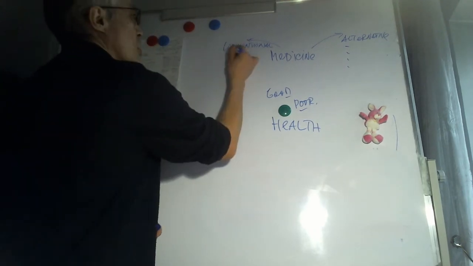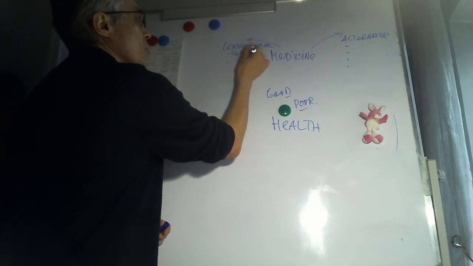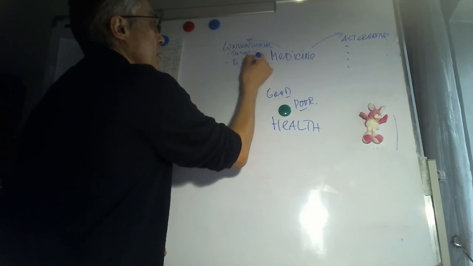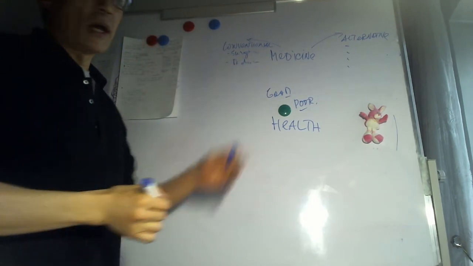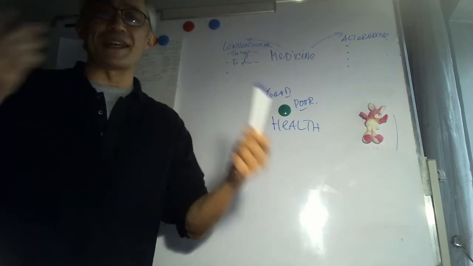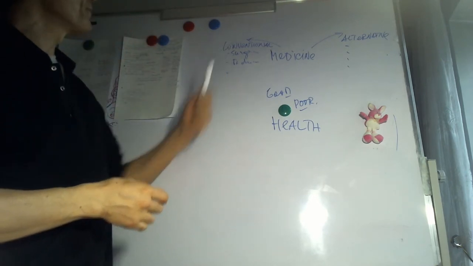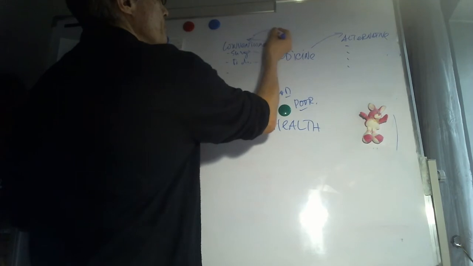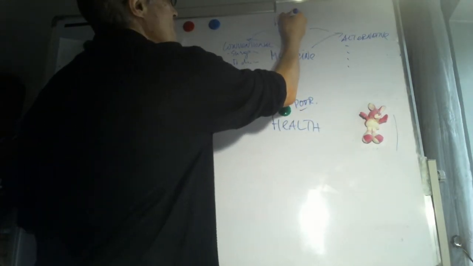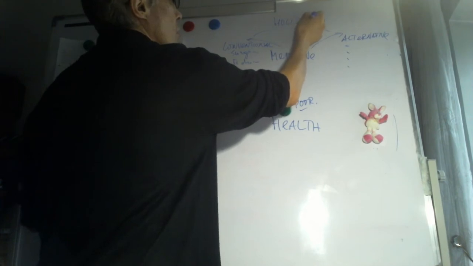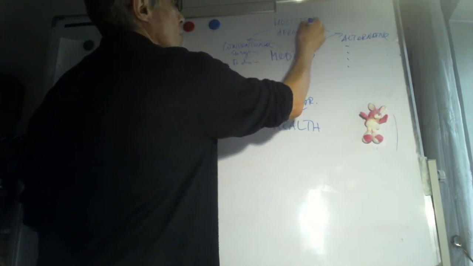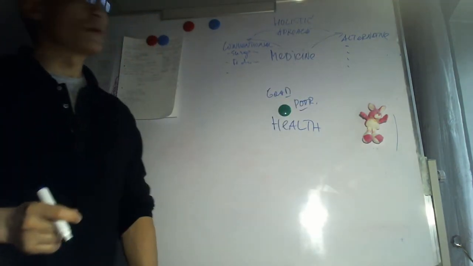Like you have a surgeon, the guy who deals with surgery, and then a pediatrician, somebody who deals with children, and then you have, I don't know, a physiotherapist, a dentist, and so on. Good. These two together may represent a holistic approach to the issue of medicine.